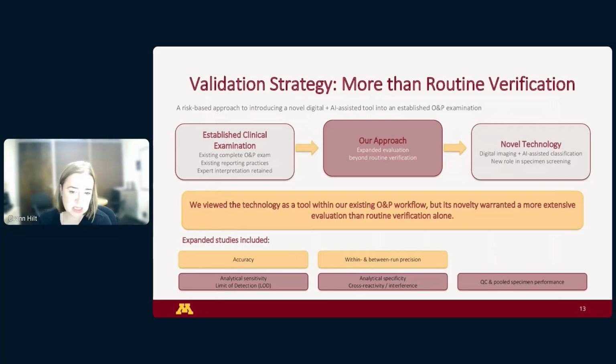Also our QC, and we have a client of ours that does pooled stool specimens that we work with. So again, we did those studies to make sure that we were following best practices for that client specifically. So I'm now going to go into our validation results.